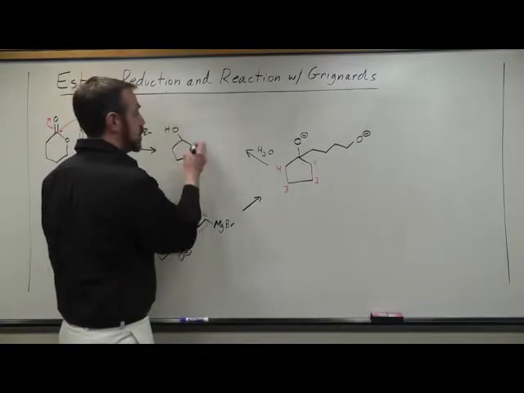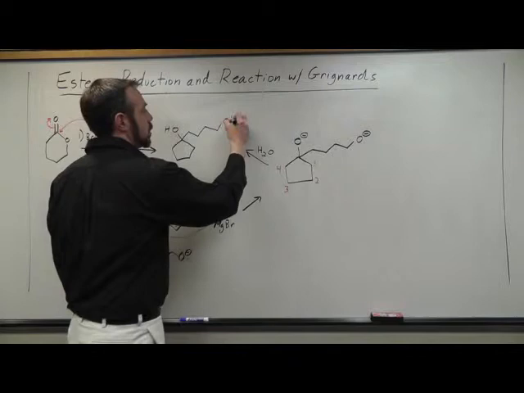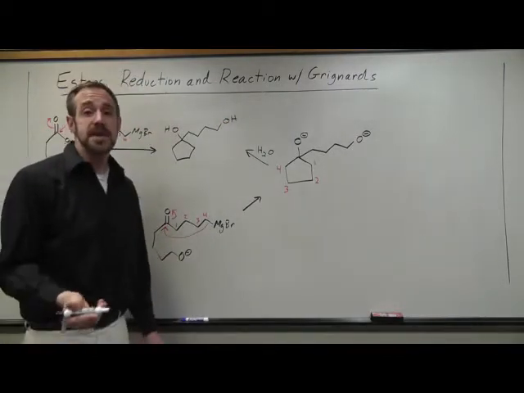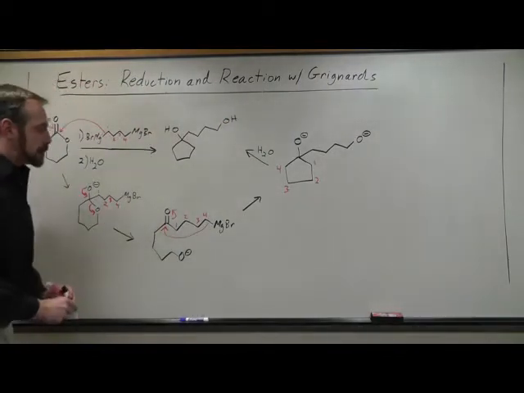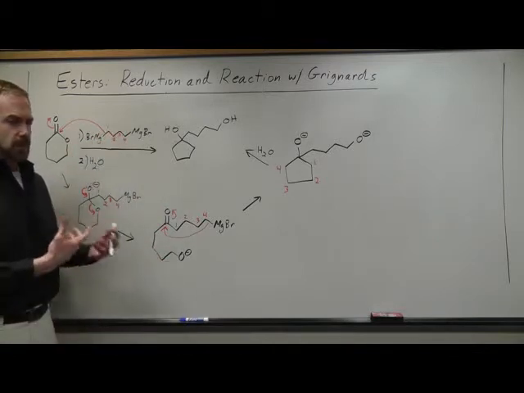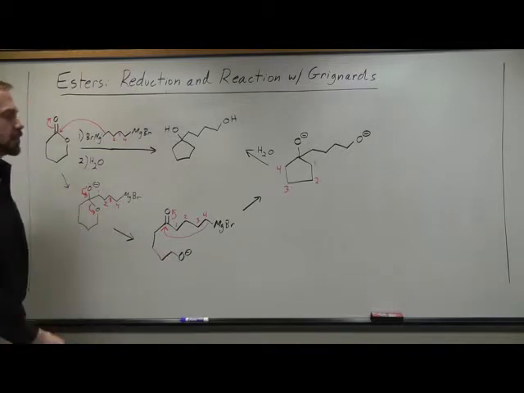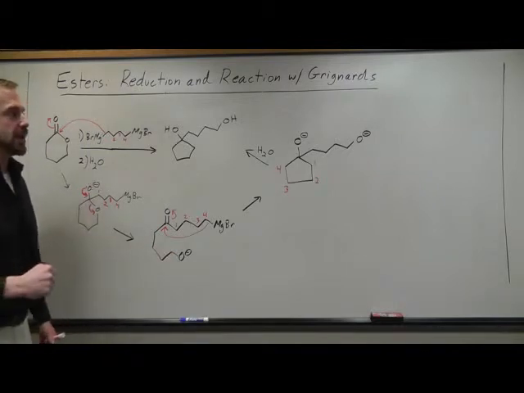We end up with a tertiary alcohol and a primary alcohol on the same molecule. But being able to handle this type of reaction, especially with an ester that can react twice, shows a high level of mechanistic understanding.